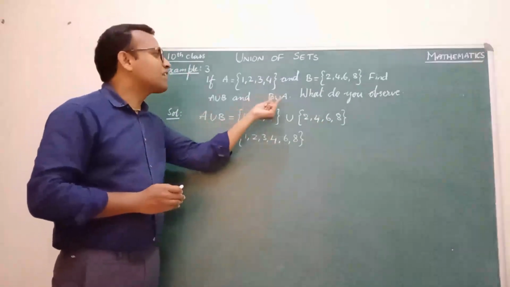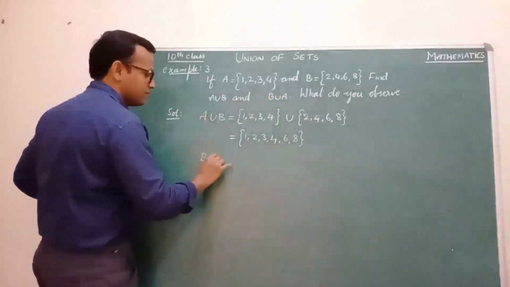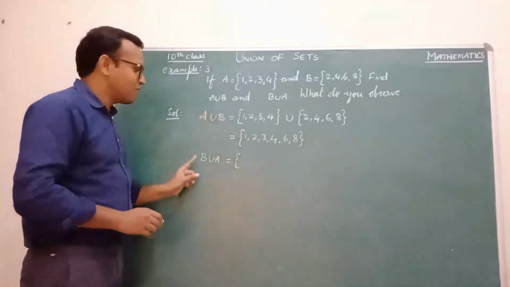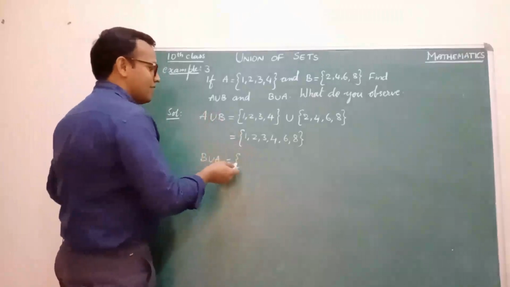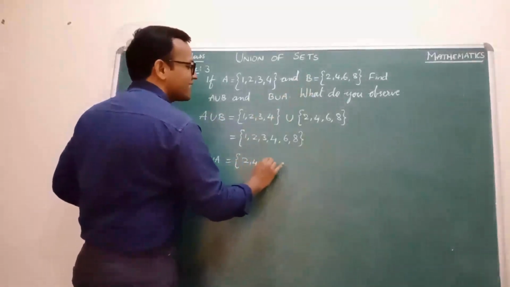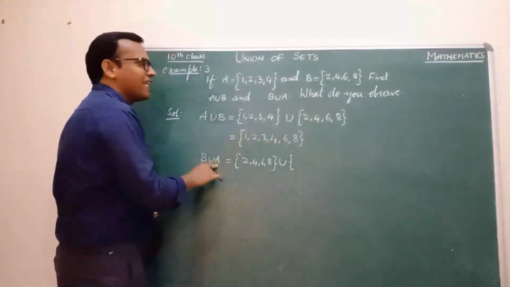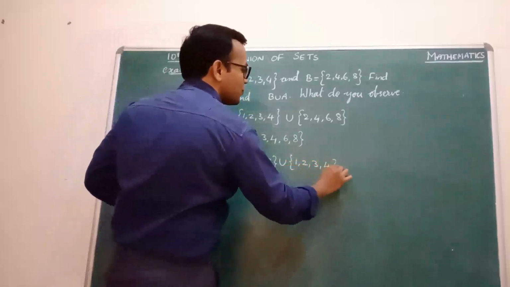Now let me find B union A. Here the order is changed. First we need to write set B. What is set B? See here. Set B is nothing but the set of 2, 4, 6, 8, union and then A. A is the set of 1, 2, 3, 4.